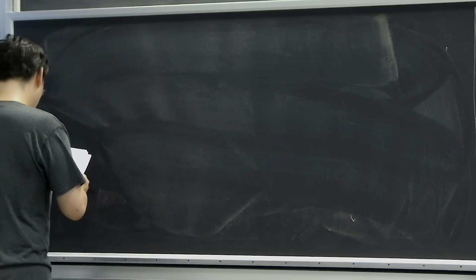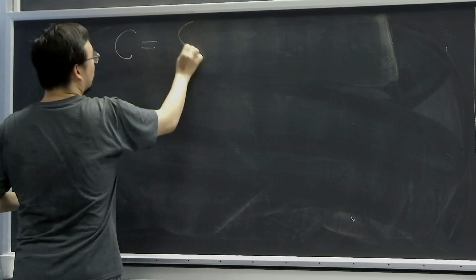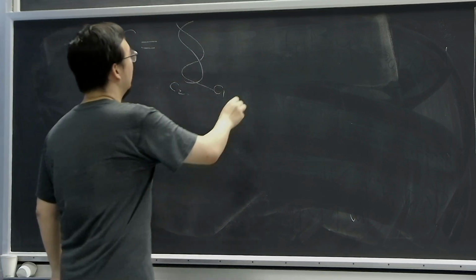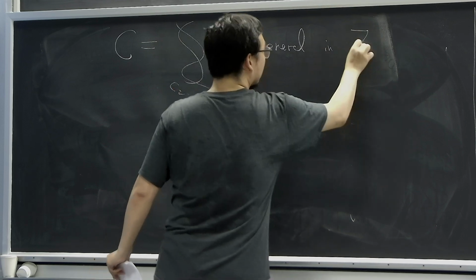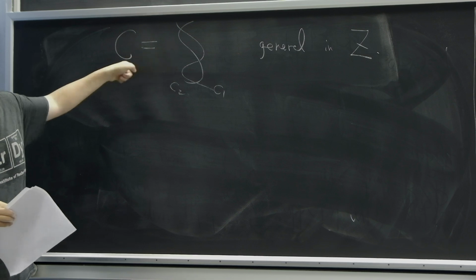Now we see that our curve C breaks into two integral curves C1 and C2, and this is a general member in Z. So you want to calculate what the delta function is for this C.